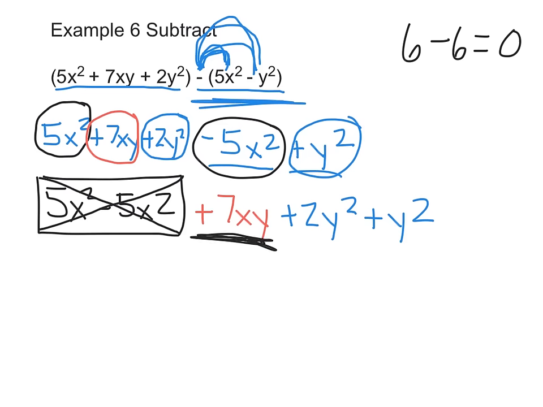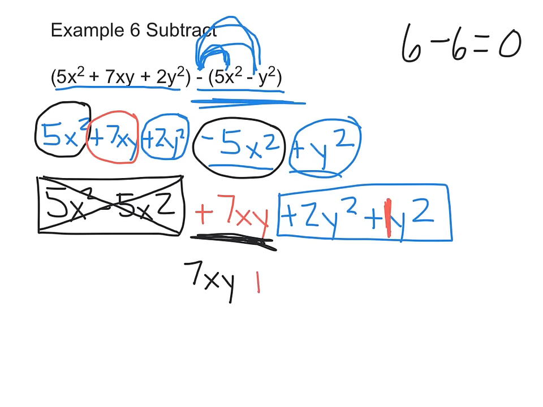It doesn't have any like terms, so I'm just going to bring this down, and since it's out front, I don't need the plus sign anymore, so I'm going to get rid of it. These two right here are alike, so I have a positive 2y squared and plus a y squared. Remember, I can slide a 1 here as the coefficient, so positive 2y squared plus 1y squared is a positive 3y squared.